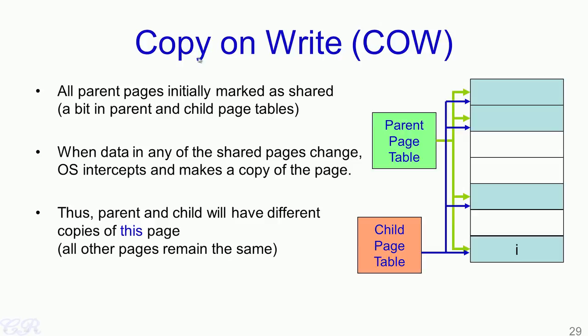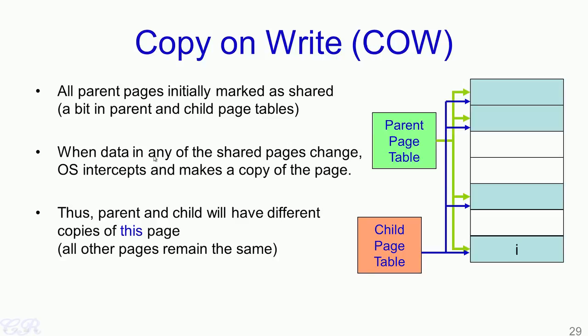This phenomenon occurs due to a technique known as copy on write that is implemented in operating systems. When a fork system call is executed in the OS, all parent pages are initially marked as shared. The shared bit is present in both the parent and child page tables.